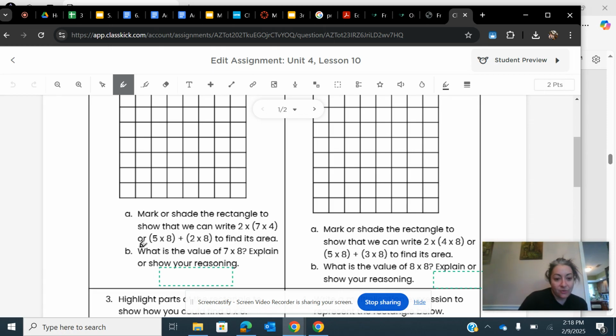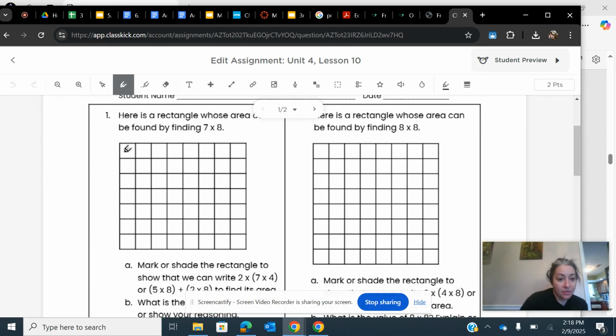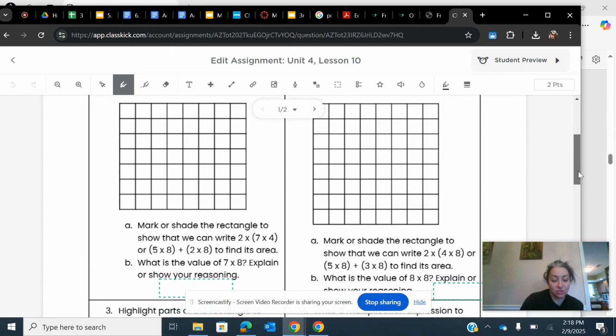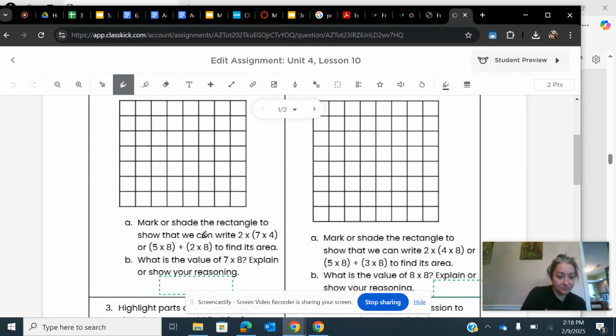Okay, so 5 times 8 plus 2 times 8. Here's what I want to think. This top one has 8 squares across. 1, 2, 3, 4, 5, 6, 7, 8. If I wanted to do 2 times 8, I'm just going to highlight it so you can see that's what I'm doing.